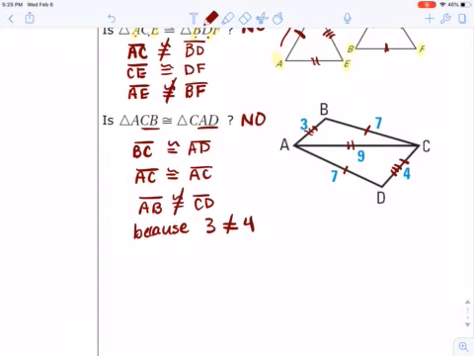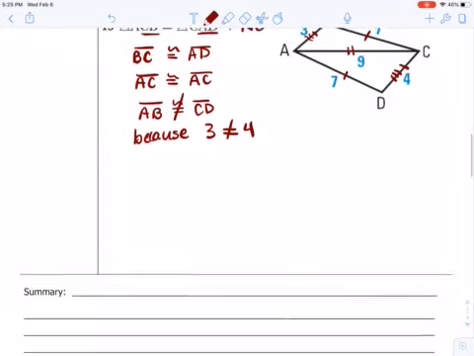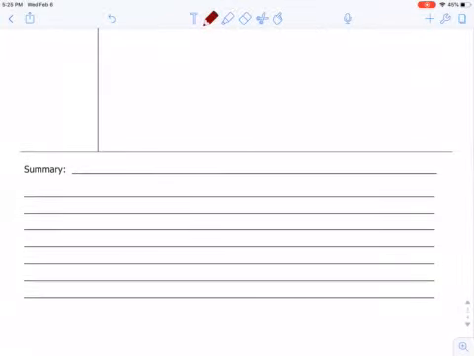What is the conclusion I want you to be able to make? What is the summary to sum all of this up? Summary is this.